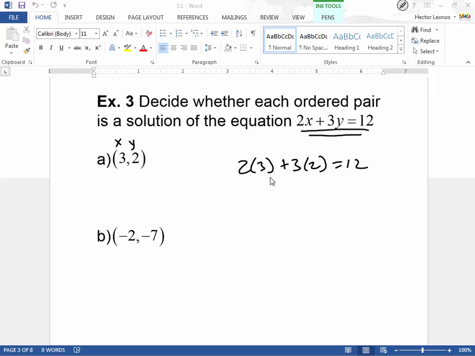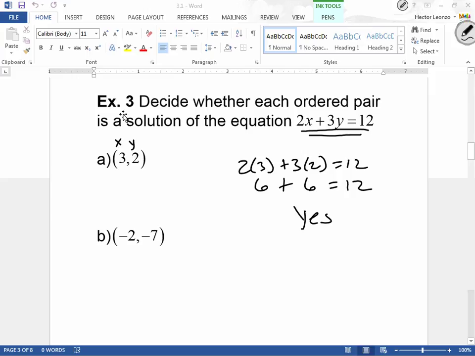According to the order of operations, remember PEMDAS, when there's multiplication and addition, we multiply before we add. So we have 6 plus 6, and 6 plus 6 is equal to 12. Is that a true statement? Yes. So in that case, (3, 2) is a solution to the equation.